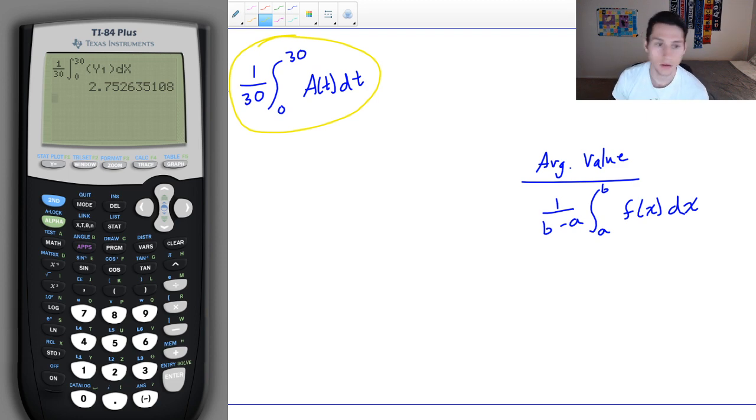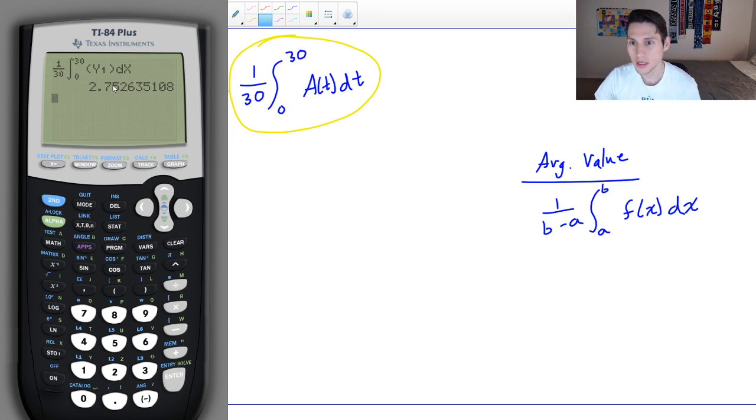All right, now I'm going to need to use this value because I want to know when is my function equal to that value, that 2.753. Okay, but I don't want to round this.